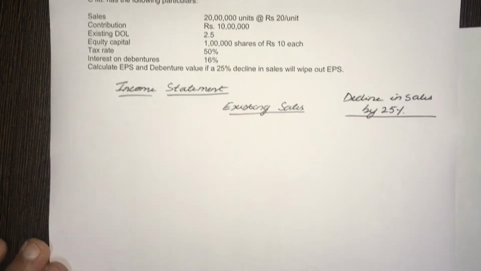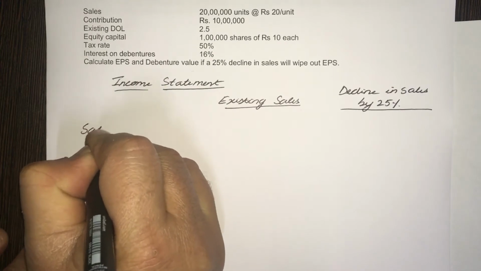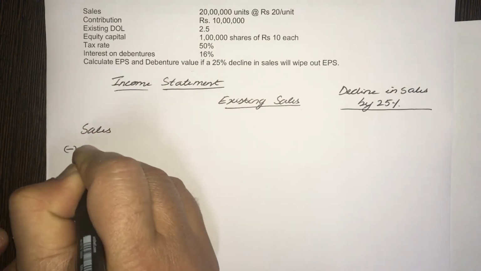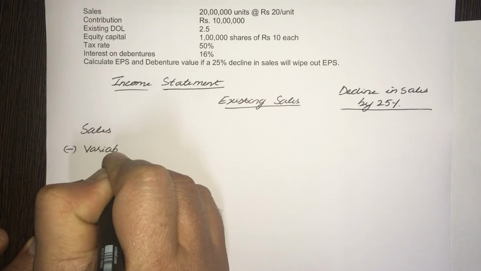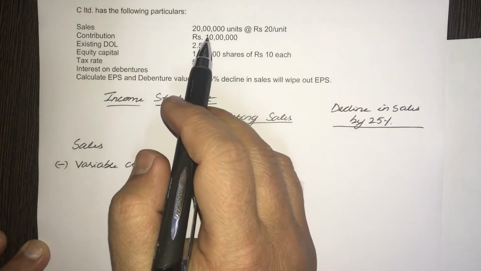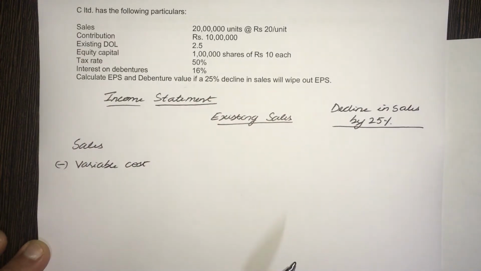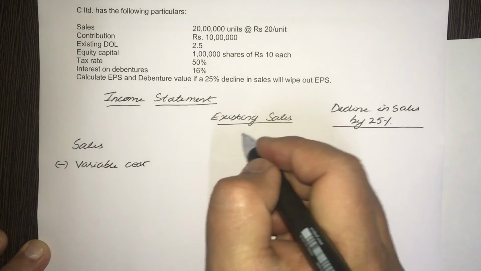So sales is going to decline. Show sales minus variable cost. Now, what is sales? Sales is given. Existing sales is 20 lakh units at the rate of 20 per unit, so that is around 4 crores.